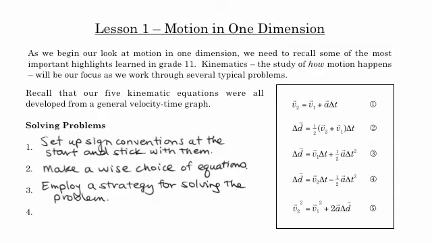By this point in your academic career, you probably have developed your own strategy for solving problems. In grade 9 and in grade 10, we'd tell students to use something like the GUESS method, where we list our givens and our unknowns, our equation that we're going to use, the solution, and then a statement at the end.